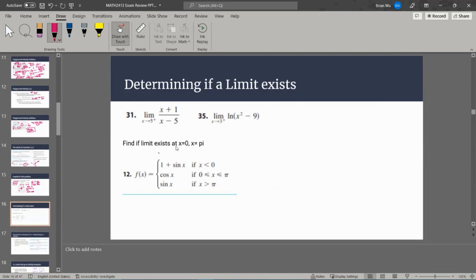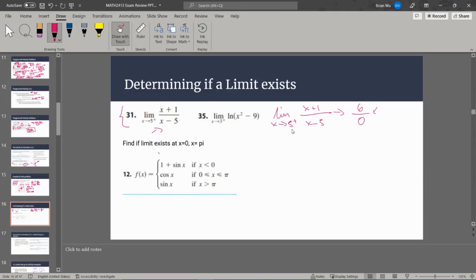So other kinds of questions you might see are where you want to find the limit for certain functions. And for 31, you have to find the right side limit of this function. And in this way, we can use a numerical method, because if we try to plug in 5, which is the first thing that you try to do when evaluating a limit, you get some value over 0, which means that you can't compute the limit this way.